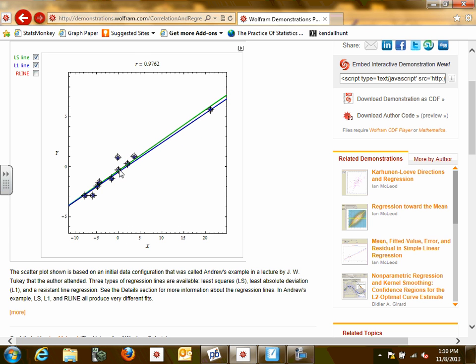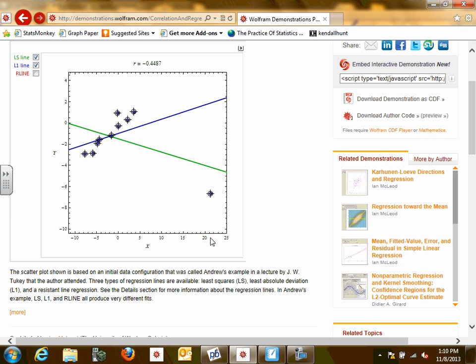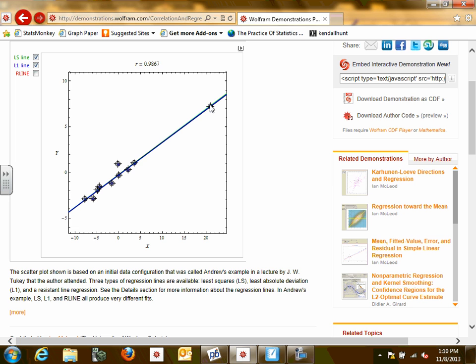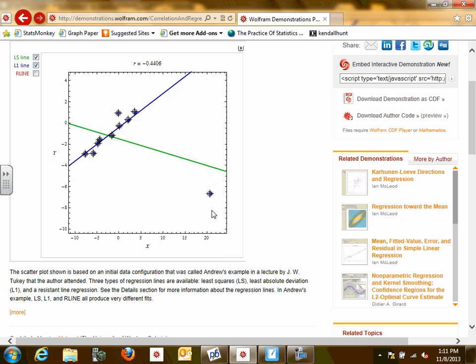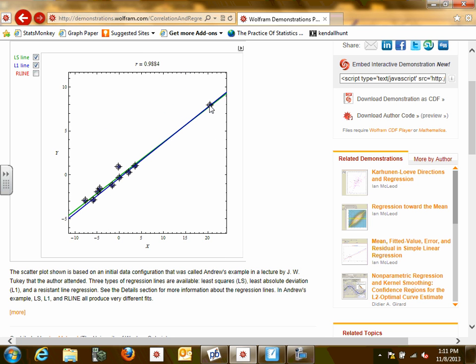All right. This potential, this being way far out in the x direction, is called leverage. You have a lot of leverage if you have the potential to make a very quick and large impact on the equation of your line. So a point way far out here is considered high leverage.